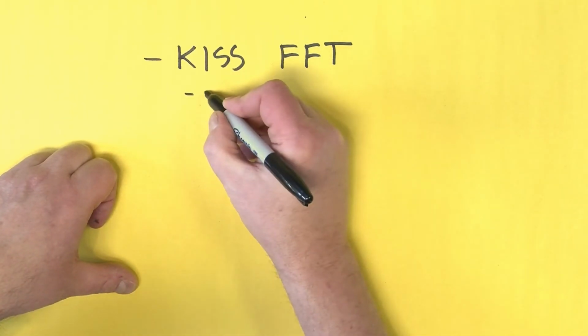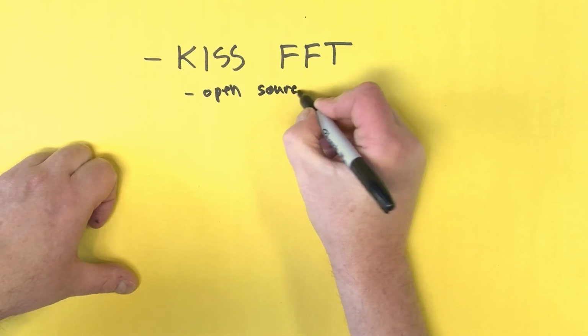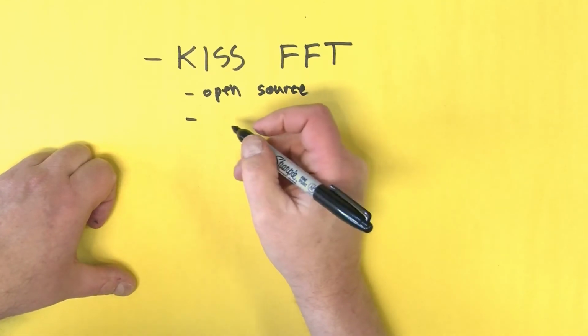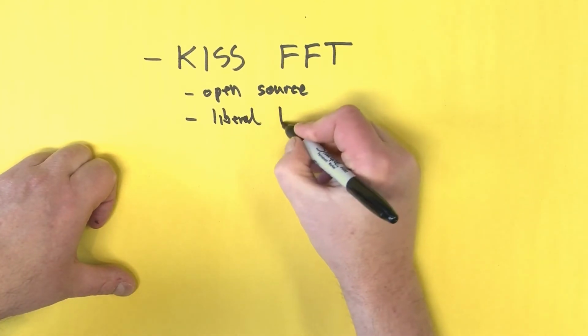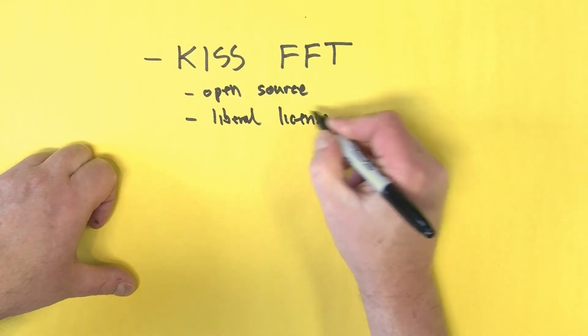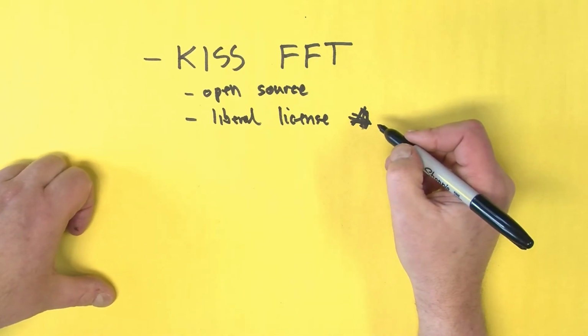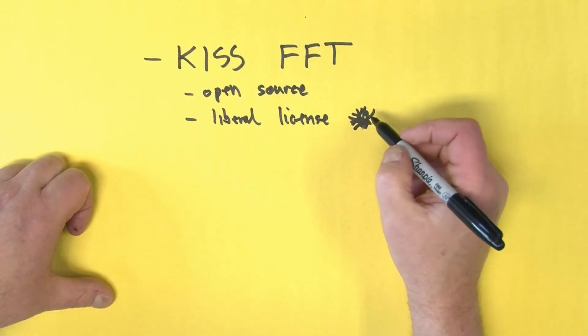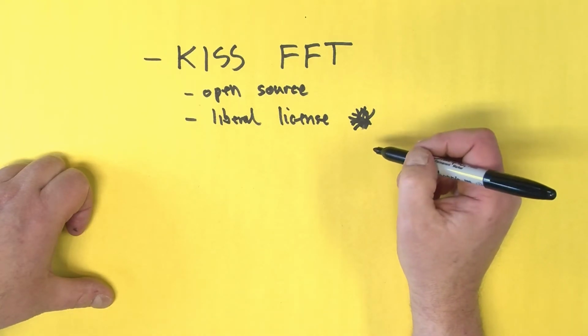The nice thing is it is open source, and it has a very liberal license. And what I mean by that is you can use it for pretty much anything you want. Some of the licenses out there for other libraries are restrictive.